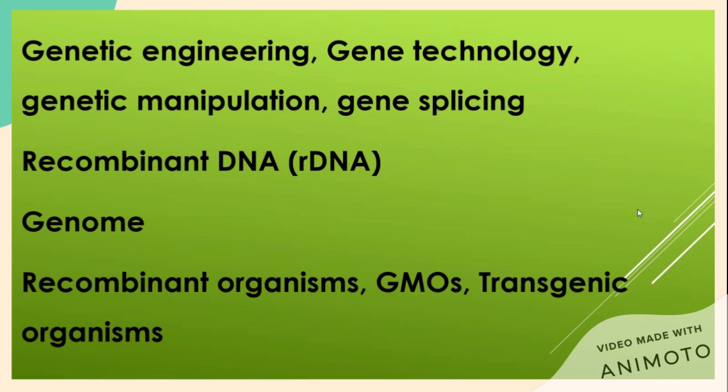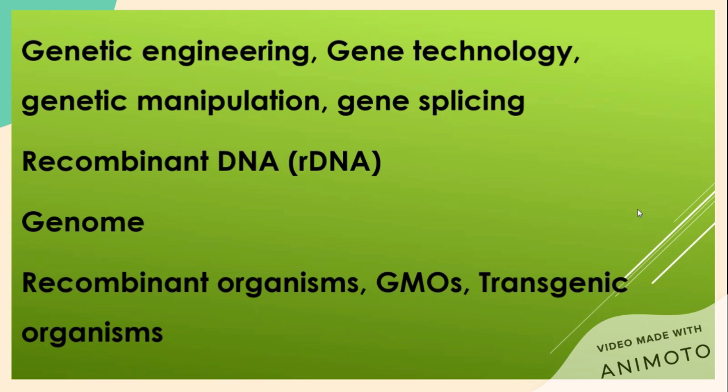And then we have what we call transgenic organisms or recombinant organisms. And this organism is the product of the recombinant DNA. So you think about it in light of an organism that is formed as a result of gene technology or genetic manipulation.